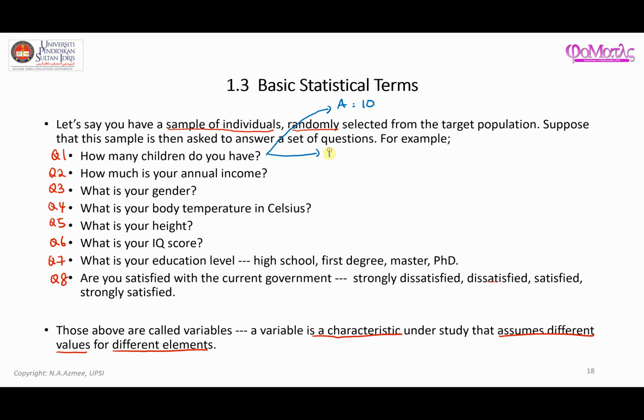If you ask this to person B, the answer could be 0. She has no children. Or if you ask this to person C, then maybe the answer is 2. So she has 2 children. So that is what it means by the characteristic under study assuming different values for different elements.